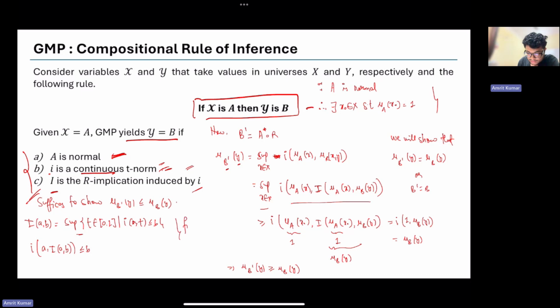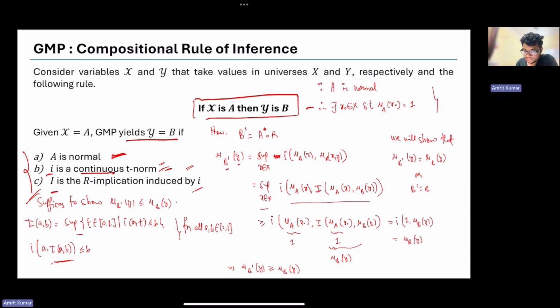This is something that I mentioned in the fuzzy implications part as well, right? So this property holds. So the t-norm and the implication capital I satisfy this property for all a, b in the unit interval, right?